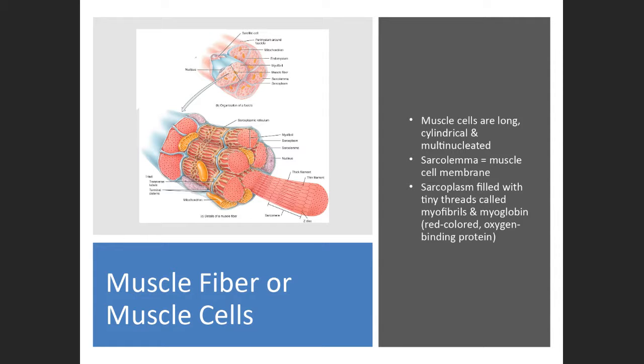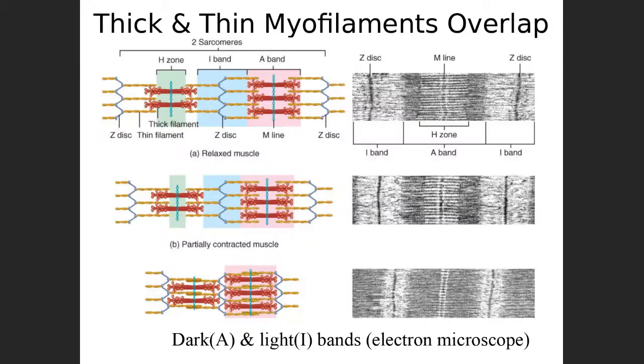And it's filled with tiny threads, myofibrils, and myoglobin. So that's what a muscle looks like under the microscope, with a bit of detail there. Okay, so what we want to understand is the sliding filament theory.